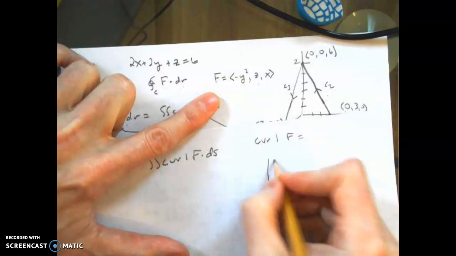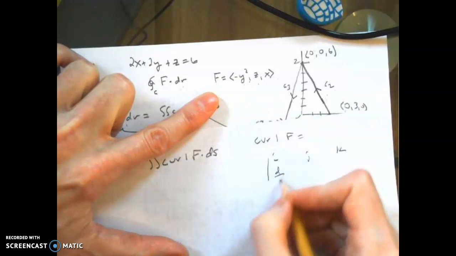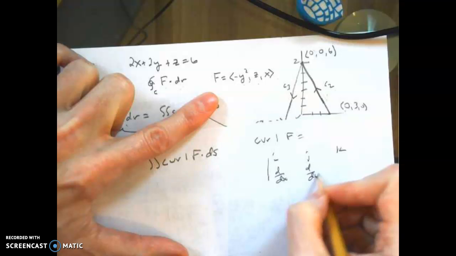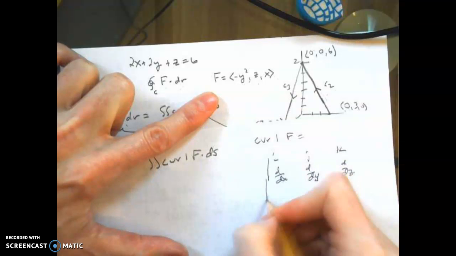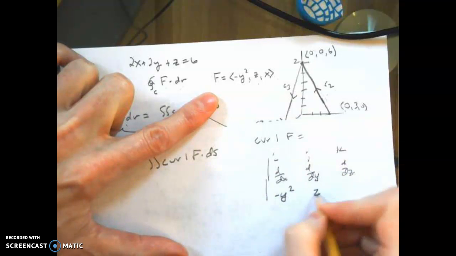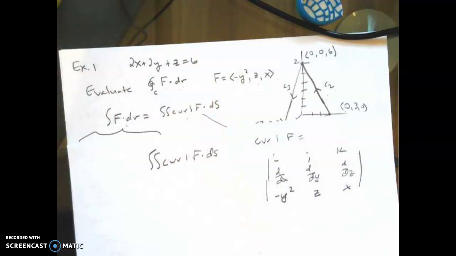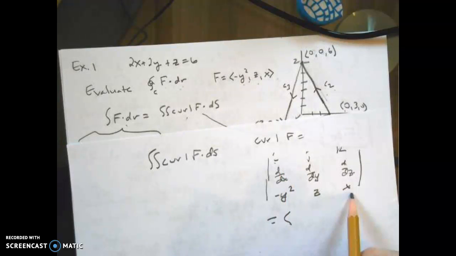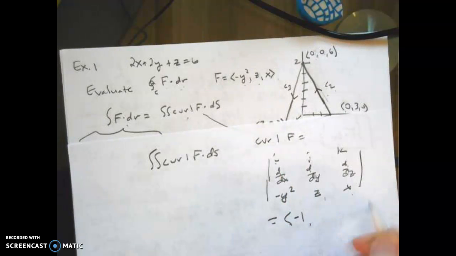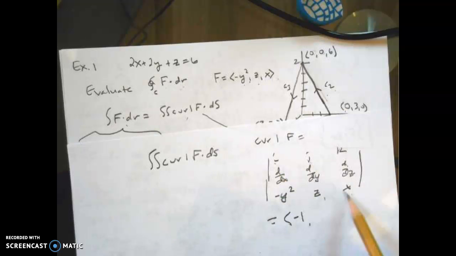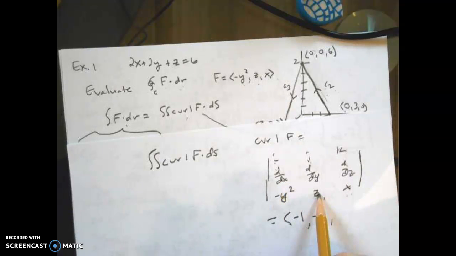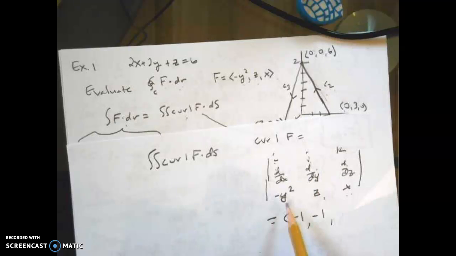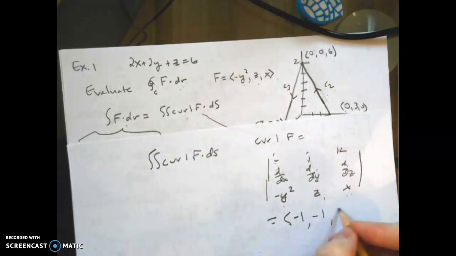which is i, j, k, d dx, d dy, d dz, negative y squared, z, and x. Okay, so the curl of F is equal to, in the i direction, I've got 0 minus 1. J direction, I'm going to do this one first, 0 minus 1. The k direction, I've got this minus the y derivative of negative y squared, so that becomes positive 2y.